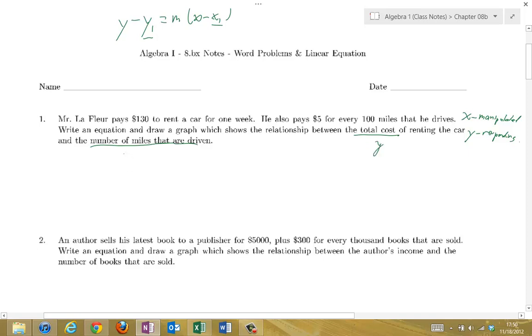But you can change the number of miles that you drive. That's something you can change. So we're going to start with the let statement. Let x equal number of miles driven and let y equal the total cost in dollars.